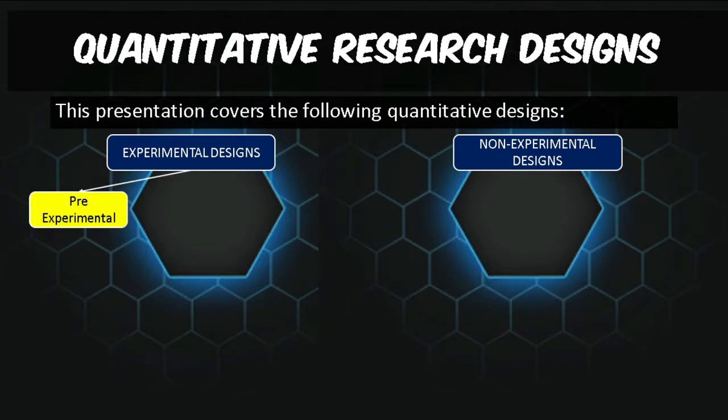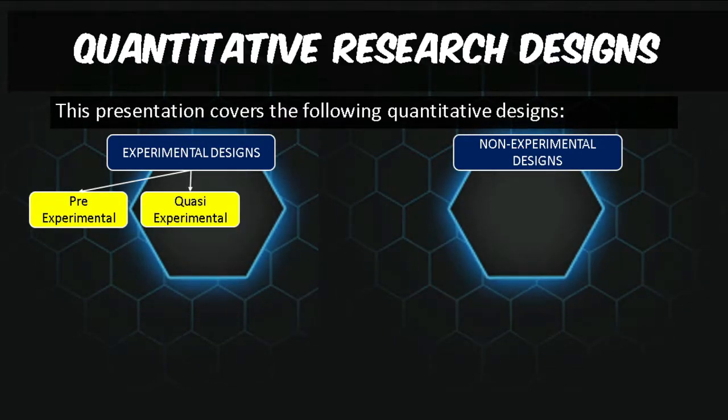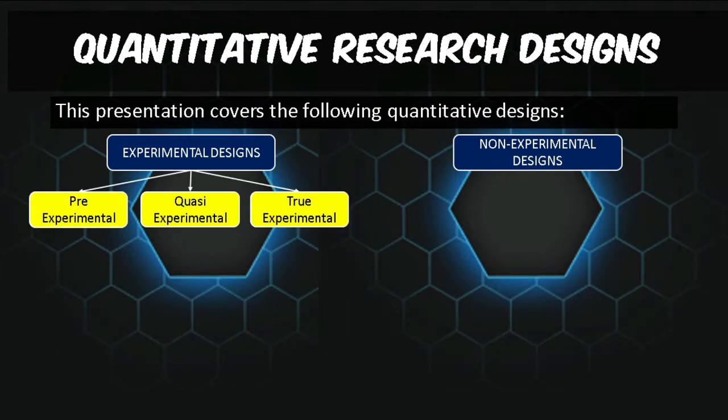The first one are called the pre-experimental designs. The second one, quasi-experimental designs. We also have the true experimental designs. And then under each subtype are the specific designs, which will be discussed throughout the remainder of this presentation.